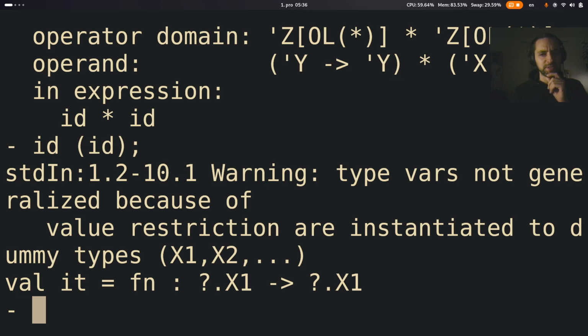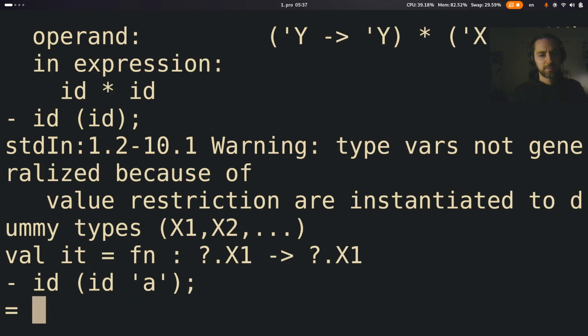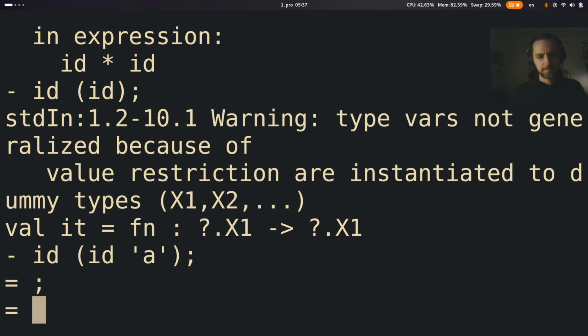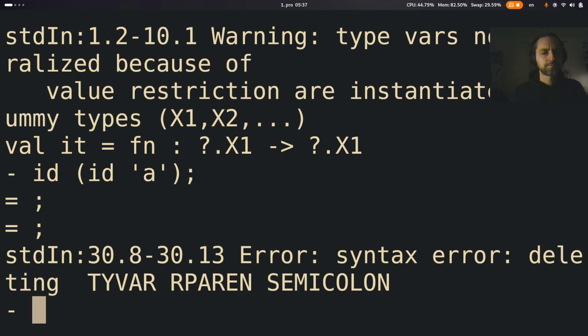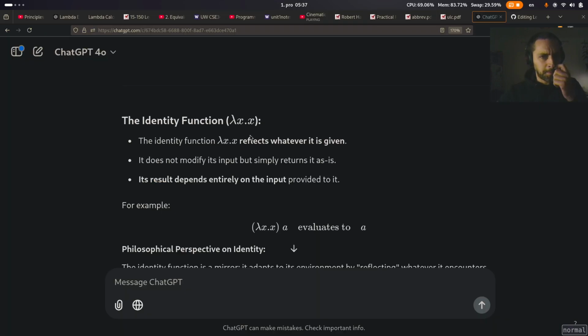Value restrictions are instantiated to dummy types. Yeah, it would work if I do id a, right? No, it didn't work.